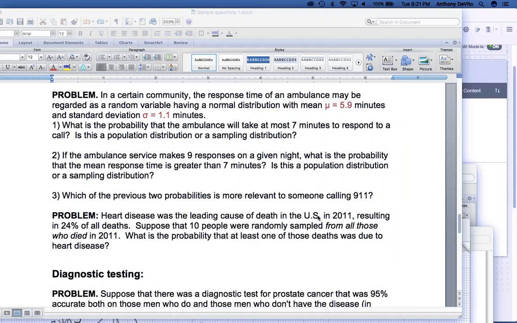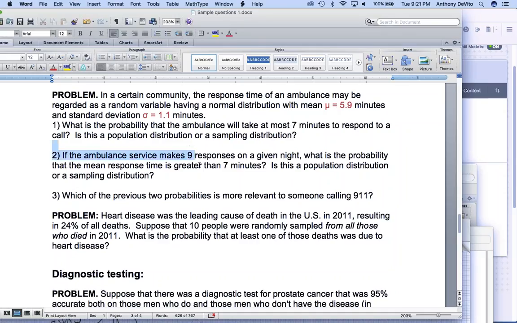Okay, so in that case, we're dealing with a sample distribution. That's really all we asked there, because we asked what the probability is that we have a mean response greater than 7 minutes, and the first question was about the population distribution.